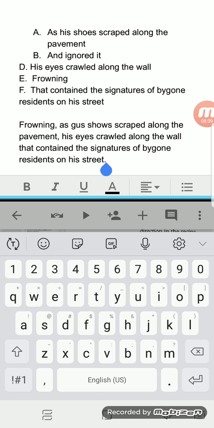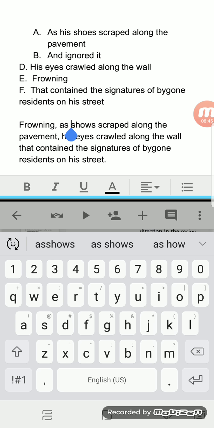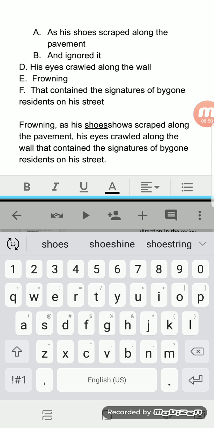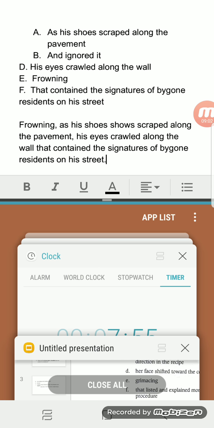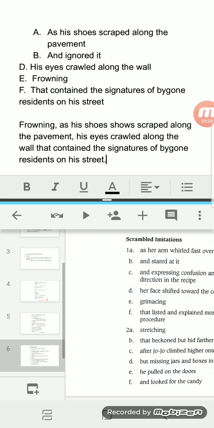Without even putting particular thought into that composition, it's actually pretty good. It's a pretty good final sentence. As his shoes scraped along the pavement, his eyes crawled along the wall that contained the signatures of bygone residents on his street. And so that follows the same structure as the original one, but comes up with a brand new meaning.